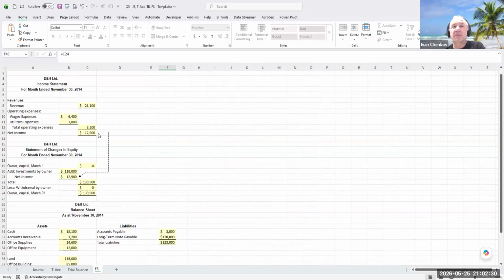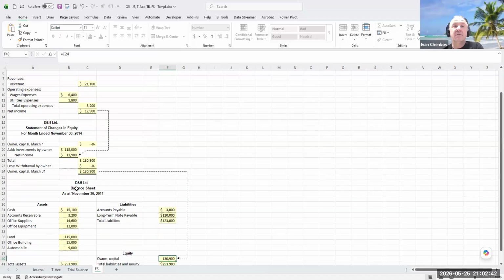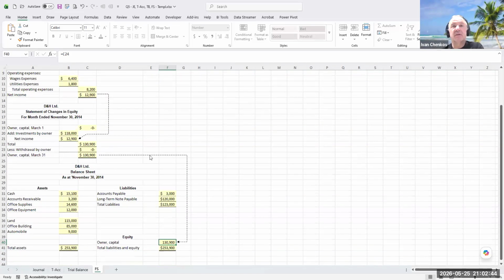Which one is come first? Which one is second? Why is second? Because we need to draw information from the first one in order to transfer that information for the second one. And which one is the third? Why is the third? Because now this information from the second goes to the third one. And that's how it works.